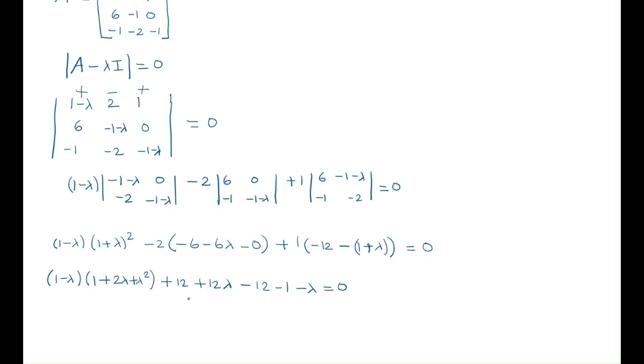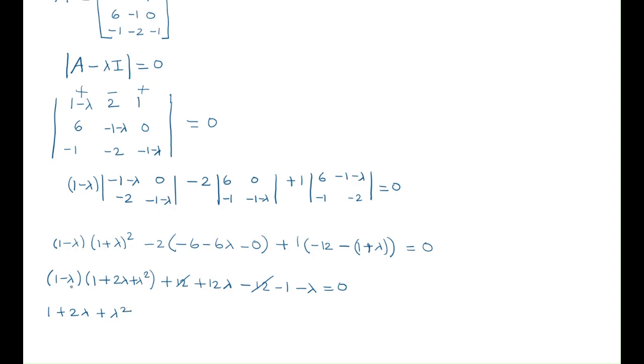Right? So right now I can strike out plus 12 and minus 12. This minus 1 will be there; we'll look at it later. Now if you multiply this with all these three terms, we have 1 plus 2 lambda plus lambda squared.